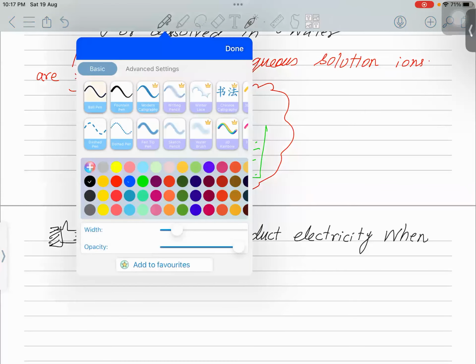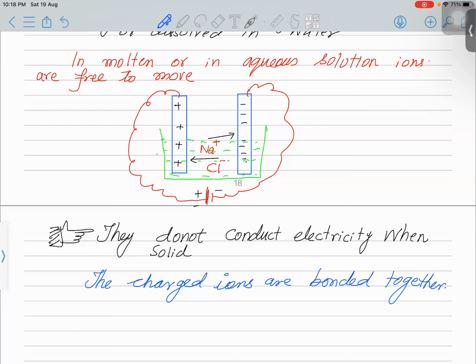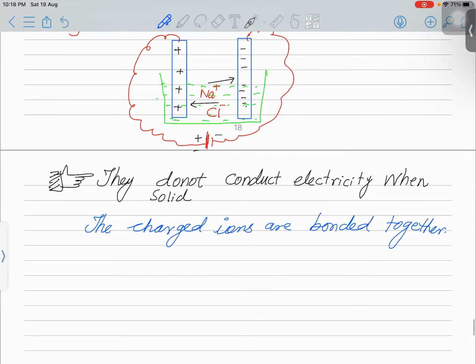Can you tell me why? Because it is hard for the ions to move. Because charged ions are bonded together, it is very difficult to move or drag any ions.